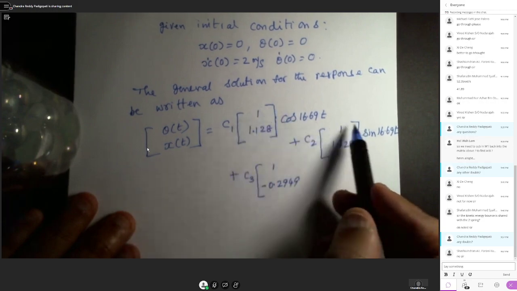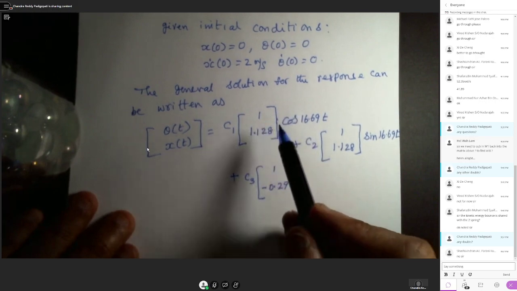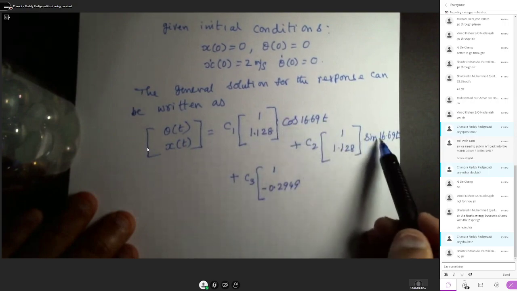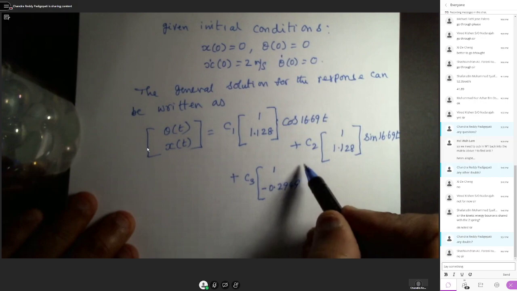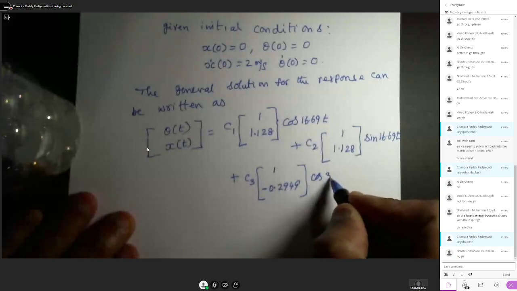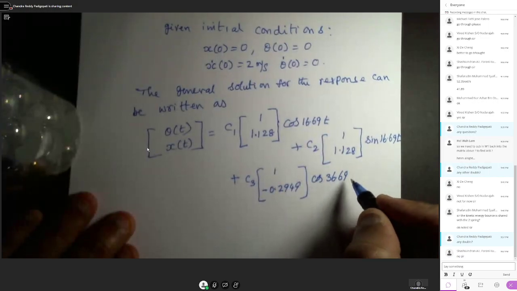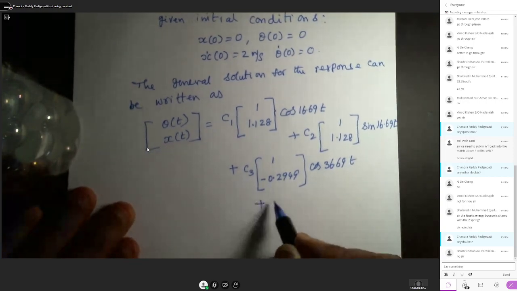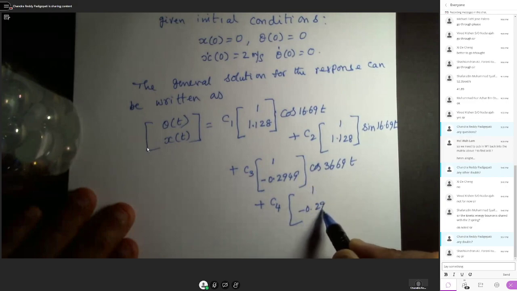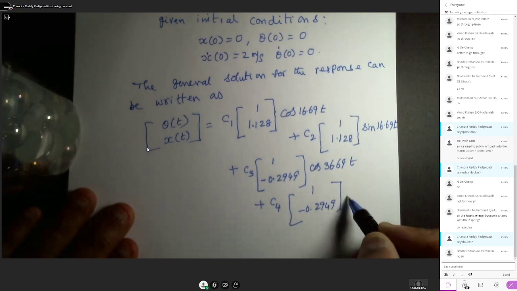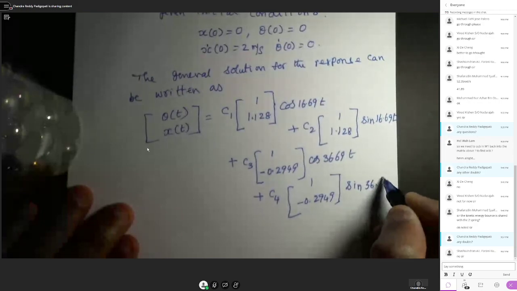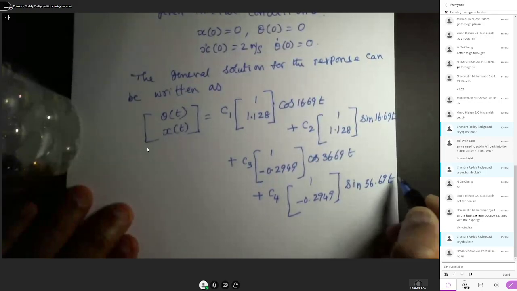So we are writing the solution as C1 cos omega t plus C2 sine omega t, then plus C3, similarly, cos omega 2 t, so cos 36.69 t, plus C4, 1 and negative 0.2949, sine 36.69 t.